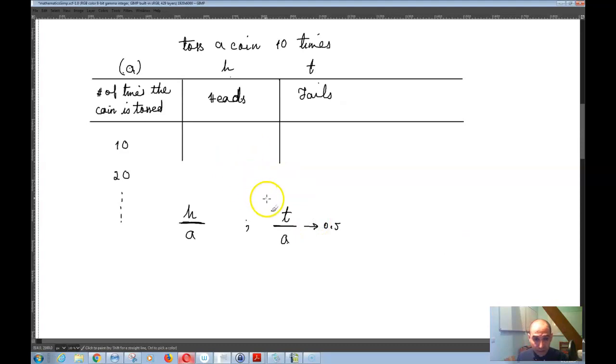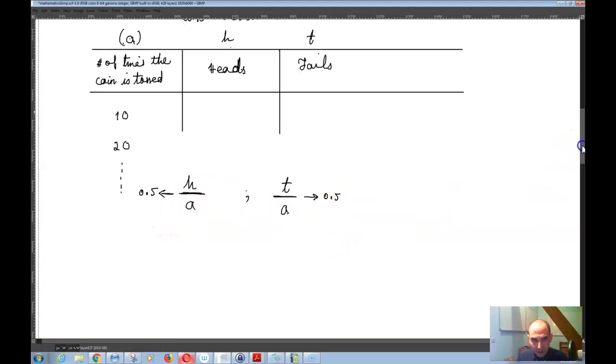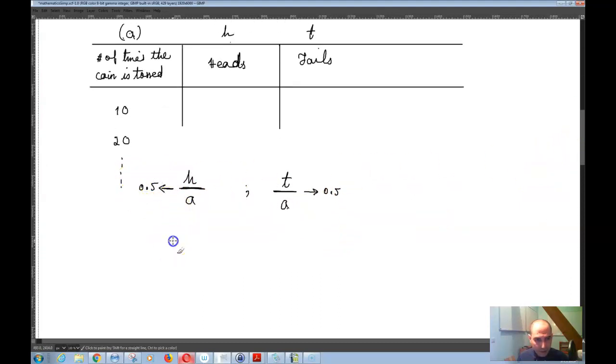So basically what we learn here, of course, only probably theoretically, is that as you increase the number of tosses, these two fractions tend to the values 0.5 and 0.5. And it might be interesting to note that basically 0.5 is the same thing as 5/10.